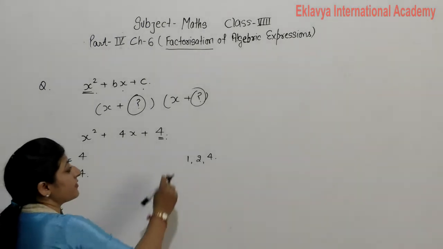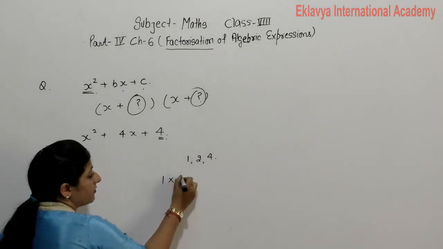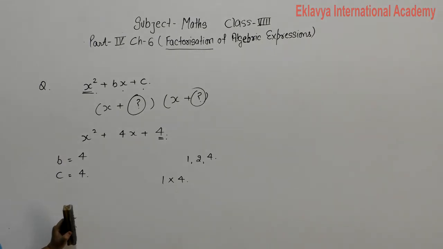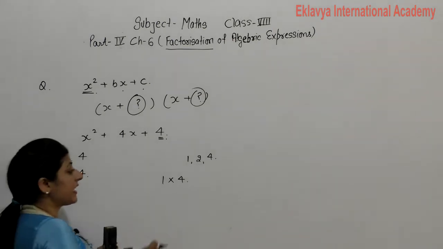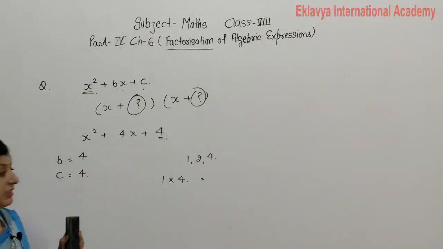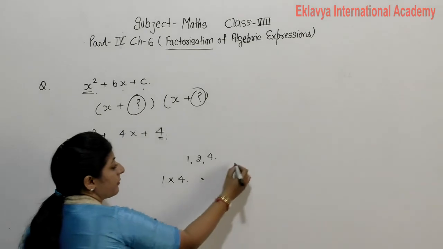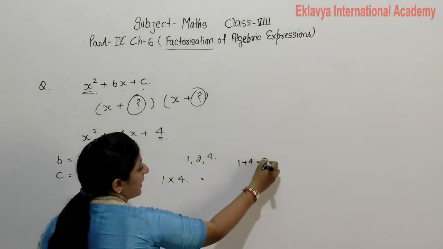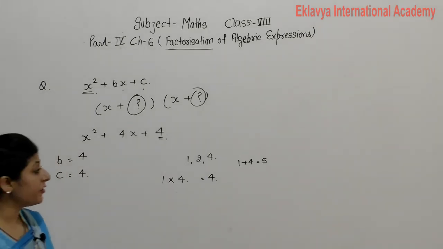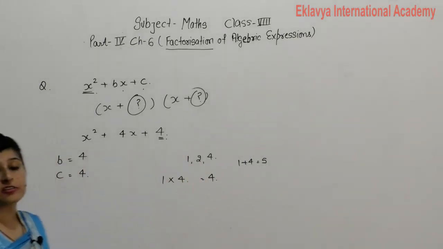What is the meaning of this? If I write 1 into 4, that is 4, right? But if you take 1 plus 4, then it equals 5.